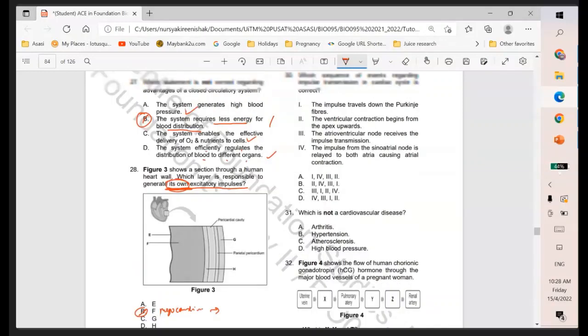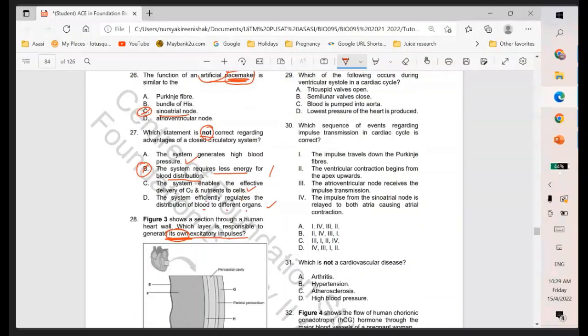There are also animals whose heart works from the instruction of the brain.